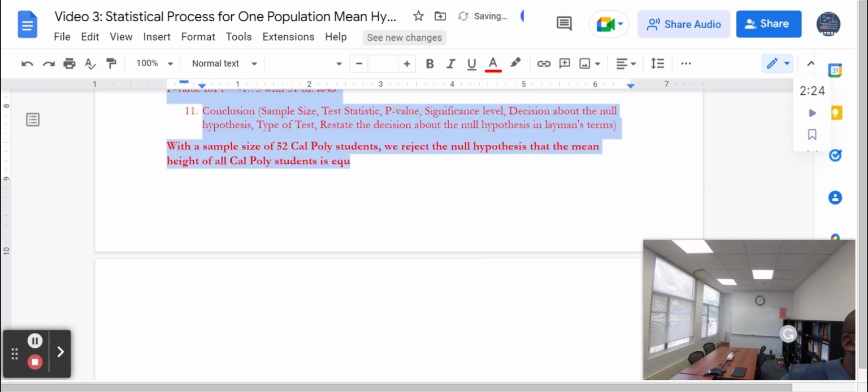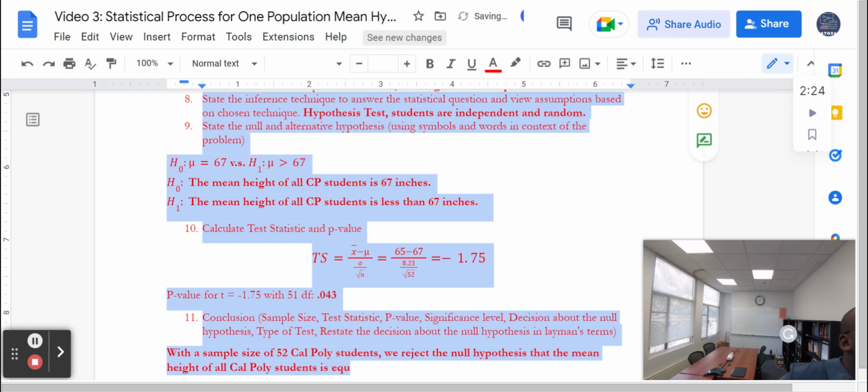So here, state the null and alternative hypotheses. The null, H naught, some of your teachers could have used different notation. I use H naught: mu is equal to 67, and the alternative is that mu is greater than 67. Stated in words. When you see this on an assessment, you have to state not only the symbols but also the words.